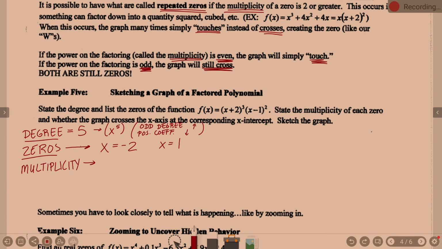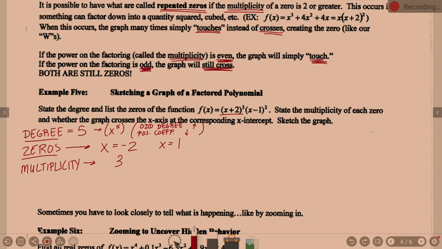Where does the multiplicity come from? The power on the factor is called the multiplicity. X equals negative 2 came from right here, yes? What's the power on that factor? 3. So it has a multiplicity of 3.